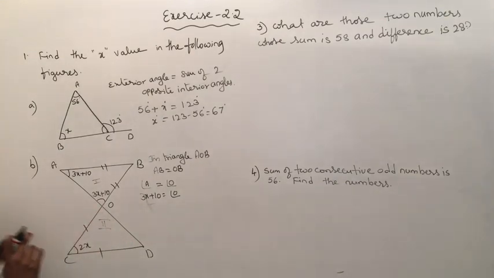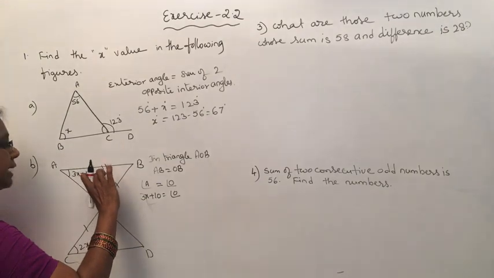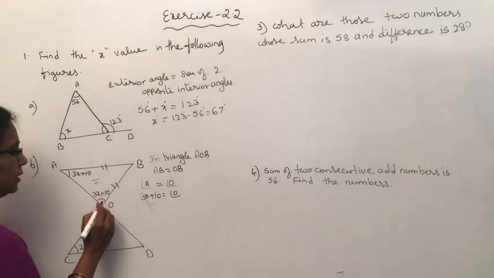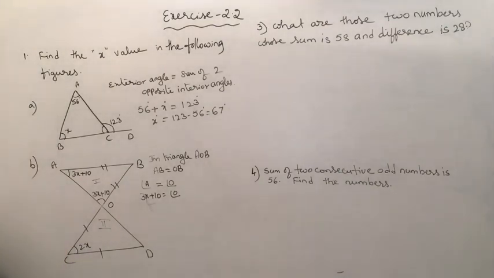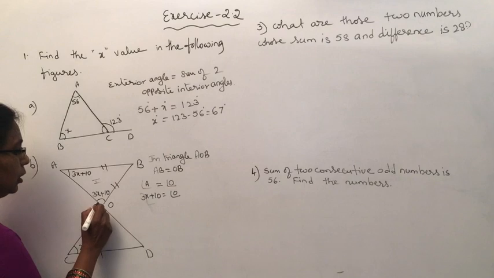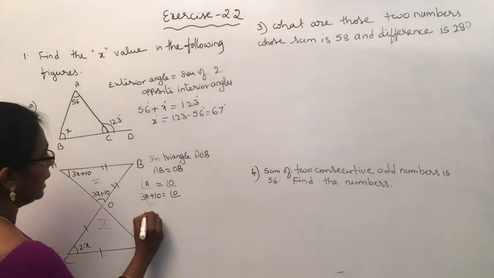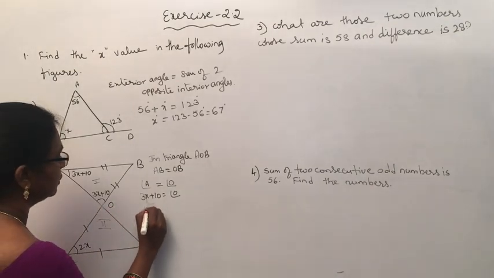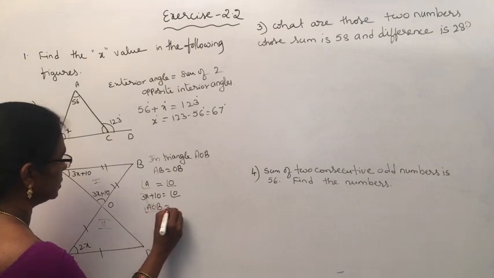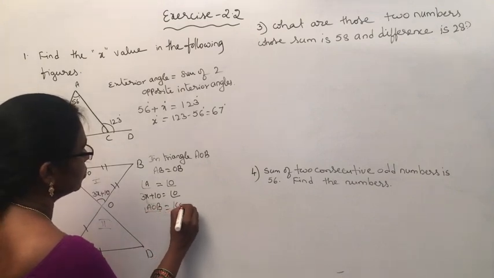Before going to that, here two triangles are intersecting at O. One more property in transversals: if two lines intersect at one place, vertically opposite angles are equal. Now angle AOB is equal to angle COD.